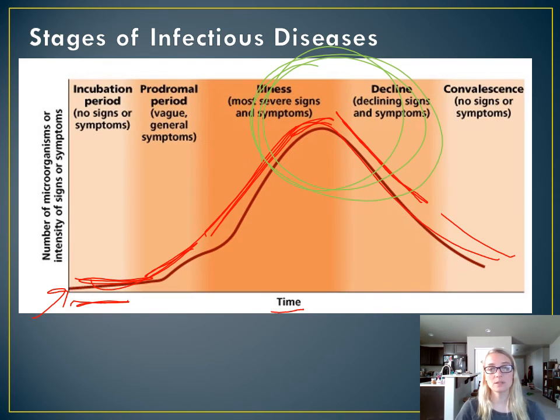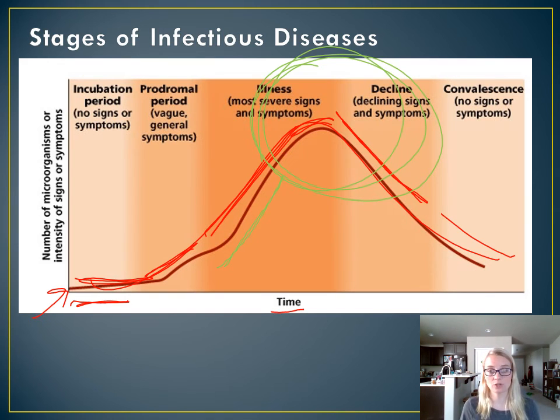There are some diseases where death is likely, like rabies. So if you are infected with rabies and you start to show signs and symptoms, there's almost 100% chance that you're going to die. And that's just the nature of the disease. We're not going to say that for the common cold. Most people don't die from the common cold because it just doesn't produce severe signs and symptoms. Your immune system can take care of it. You really don't even need any treatment.